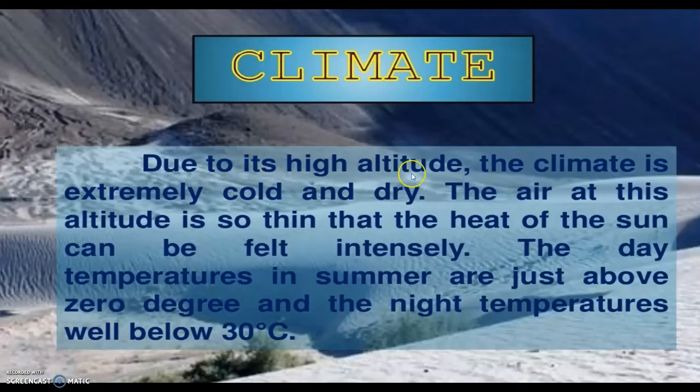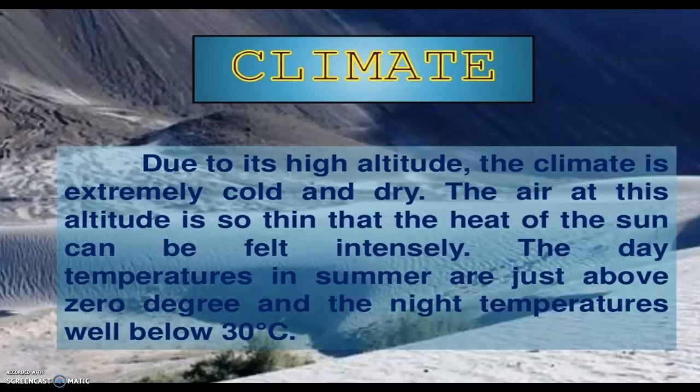Due to its high altitude, the climate is extremely cold and dry. The air at this altitude is so thin that the heat of the sun can be felt intensely. The day temperatures in summer are just above 0 degrees and the night temperatures well below minus 30 degrees Celsius. It is freezing cold in the winters when the temperatures may remain below minus 40 degrees Celsius for most of the time.